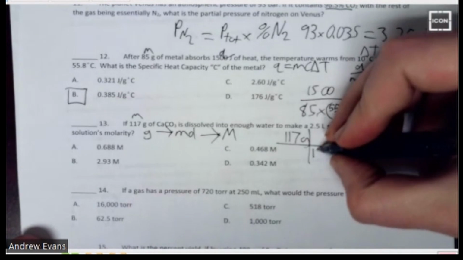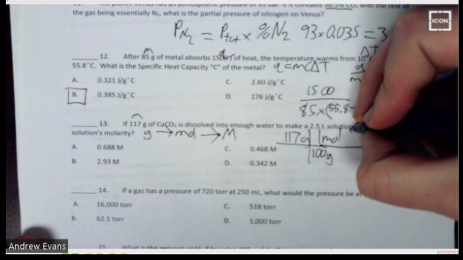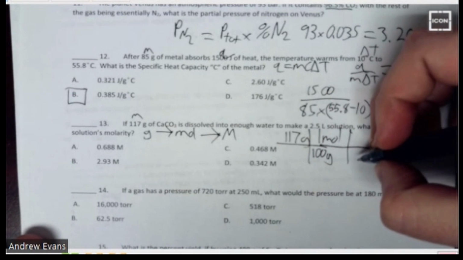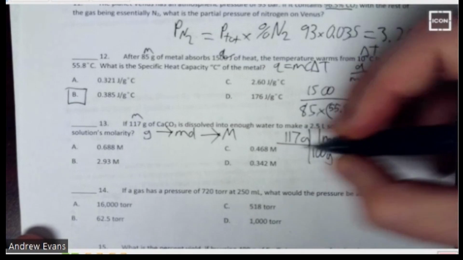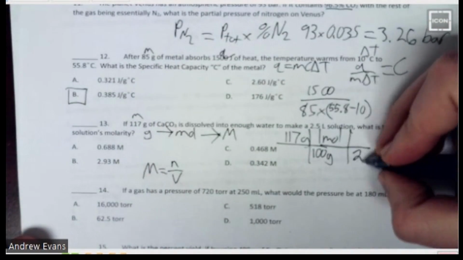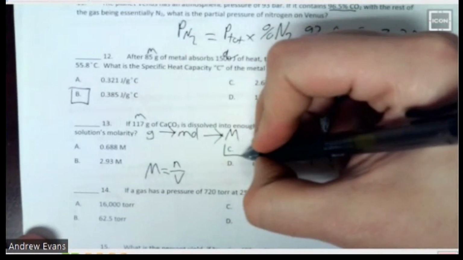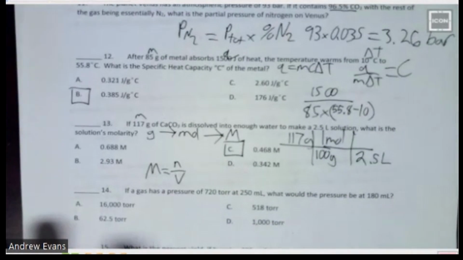It comes out to like 100 grams in 1 mole. And then to get from moles to molarity, we have to divide by volume. Molarity is moles divided by volume, so divided by 2.5 liters. 0.468 molar. Answer C.